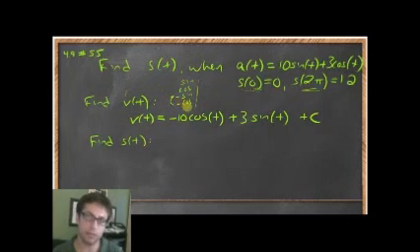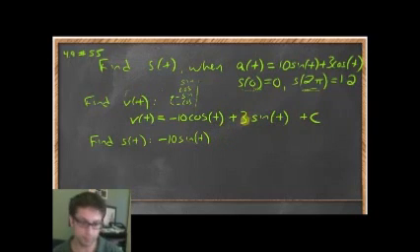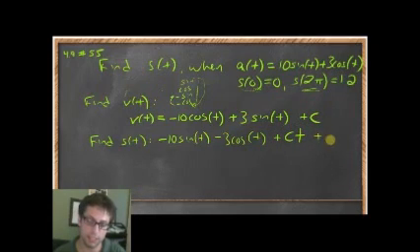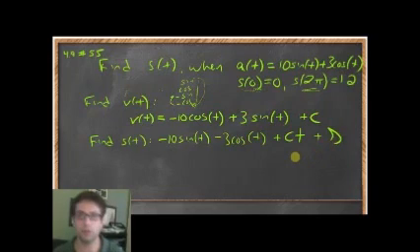The antiderivative of negative cosine goes to negative sine. And 3 sine goes back down to negative cosine. The antiderivative of c is ct, and then we have our new constant term, which is d.